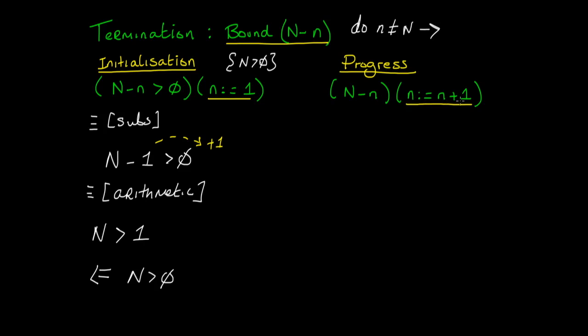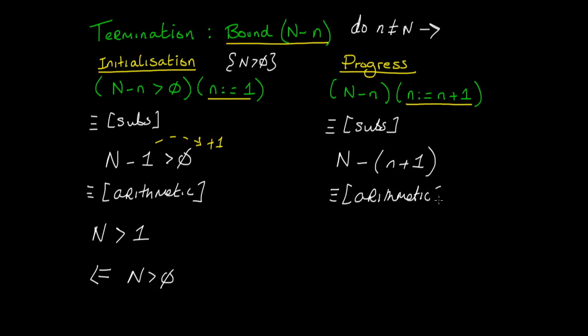So we substitute n becomes equal to n plus 1 into our bound function. And again, through substitution, we get n minus, and n becomes equal to n plus 1. It's easy to just bracket this off and put in n plus 1. And then we can say, by arithmetic, that that is equal to saying n minus 1.